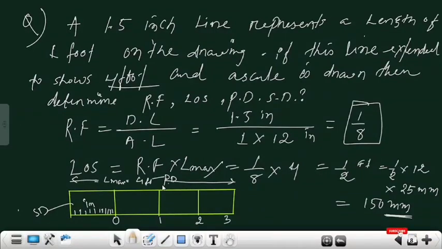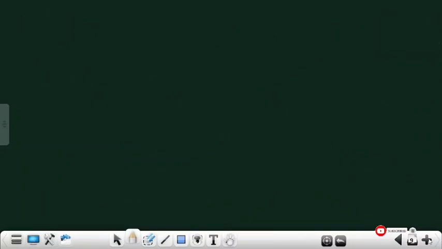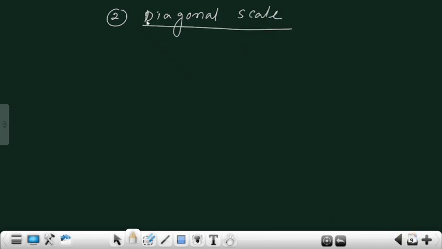Next, our next scale is the diagonal scale. In a diagonal scale we show the relation between three consecutive units, whereas in a plane scale we have the relation between two consecutive units, a single unit and its subdivision.